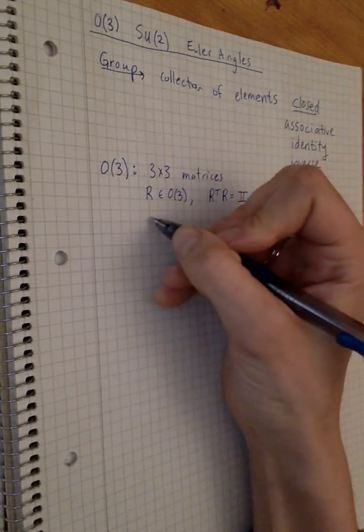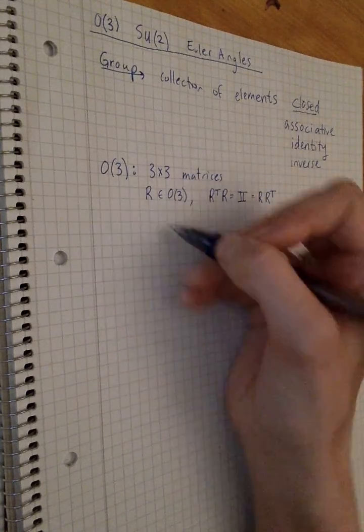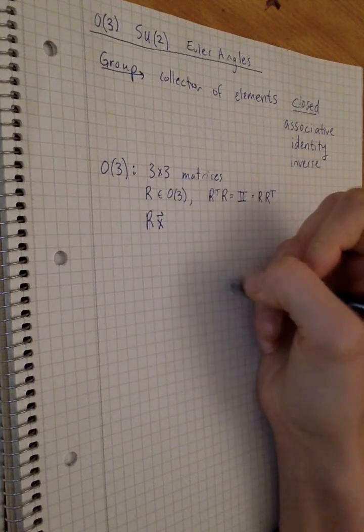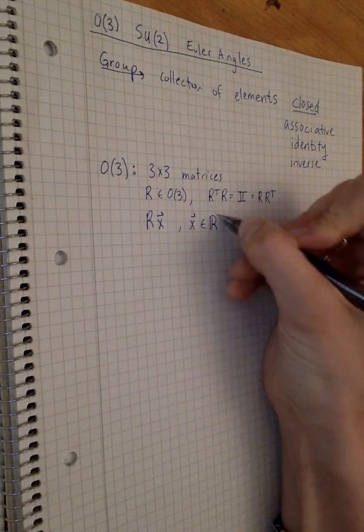These elements in O3 are matrices, and these matrices act on vectors in R3.